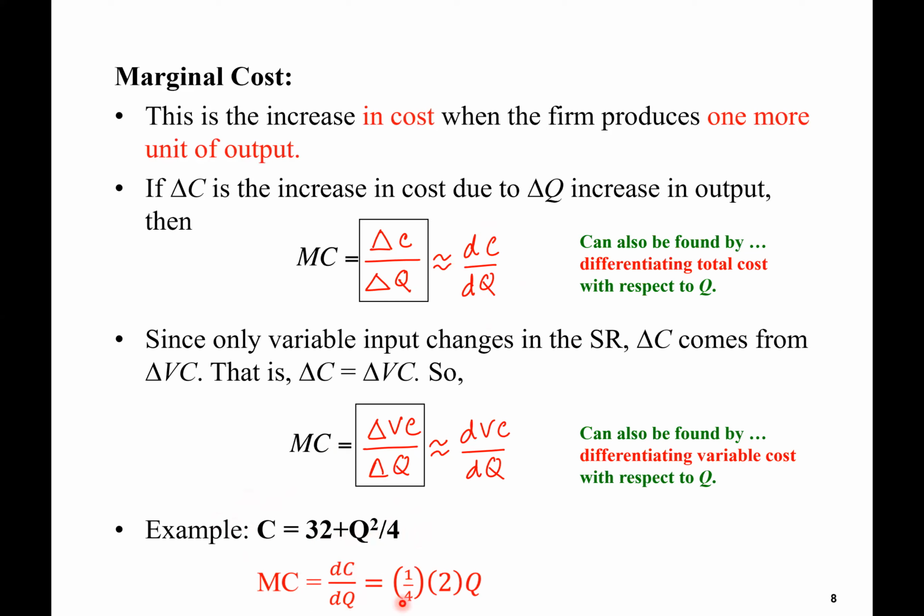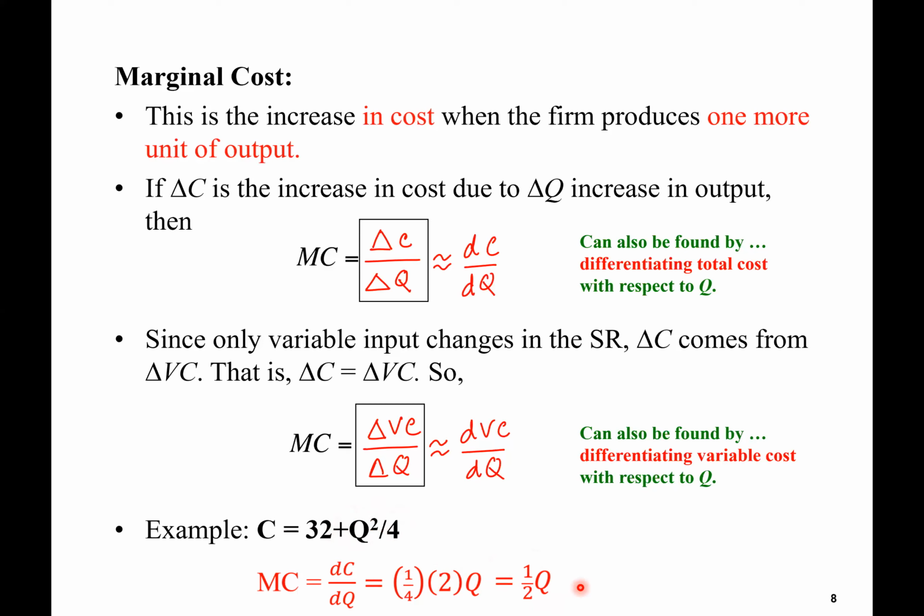That gives us 1/4 times 2 times Q. Basically this 32 is a constant, so it drops out. We're differentiating this term with respect to Q. The 4 is downstairs, so that's 1/4. Then you bring down the exponent of 2, and you have Q raised to the exponent of 2 minus 1, which is just 1. If you simplify, this boils down to 1/2 Q.